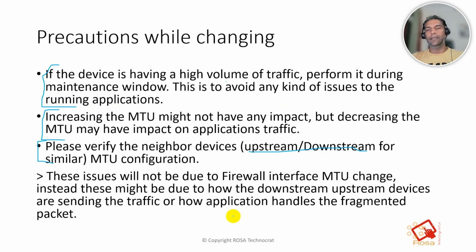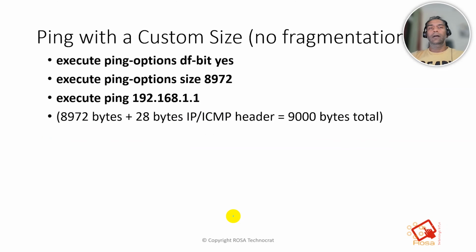If they are using the DF bit in the application, for example, mostly voice or video applications always set the DF bit so that networking components cannot fragment such traffic. In such scenarios, on the FortiGate we also have ping options, where you can do a ping using a custom size and test it.